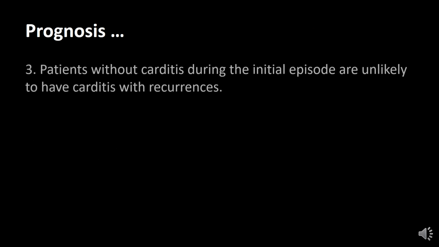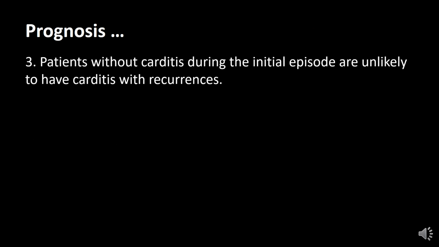So we have a third category of patients. These are patients who do not present with carditis with their initial episode of rheumatic fever. These patients, even if they have a recurrence, are also unlikely to develop carditis. That is what has been observed.